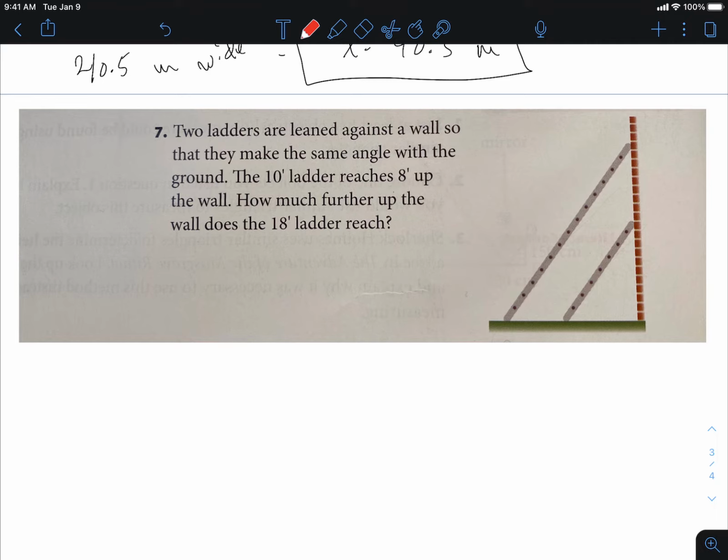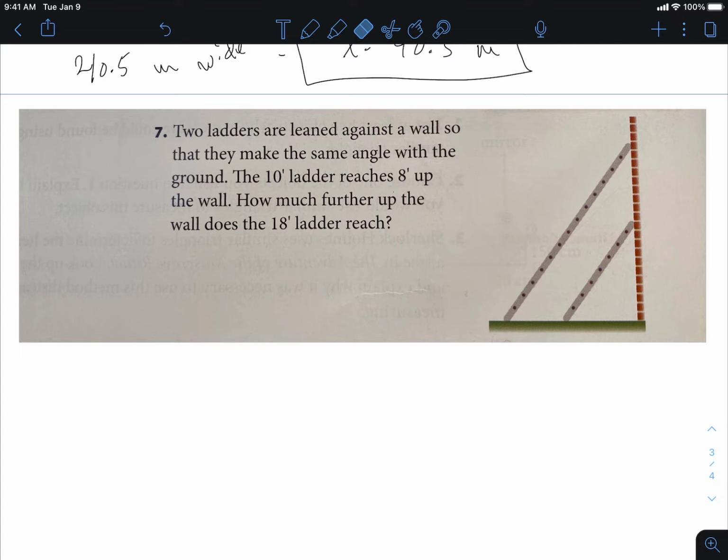Let's say you've got one particular job and you want to know which ladder to grab off the truck. Well, you need to know how far up you need to go, because you don't necessarily want to haul the big one to a little job. So you're trying to figure out before you even get the ladder off the truck which one you're going to pick. I'm just making up a scenario.